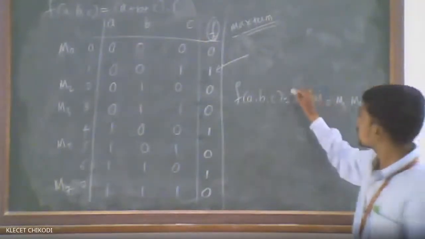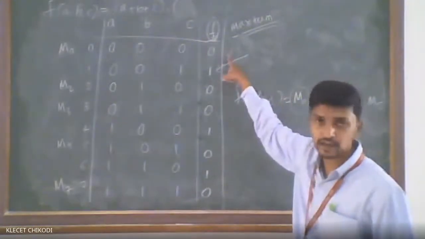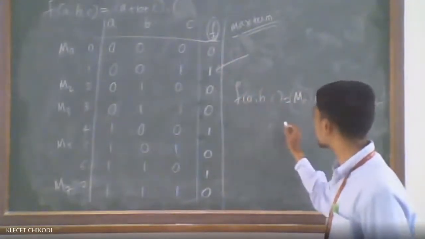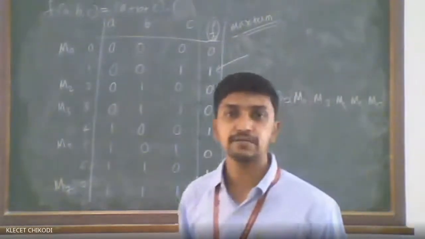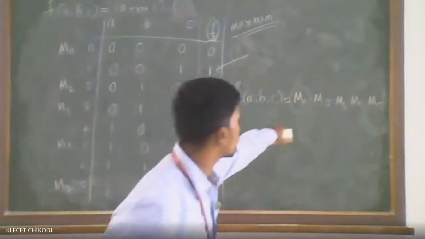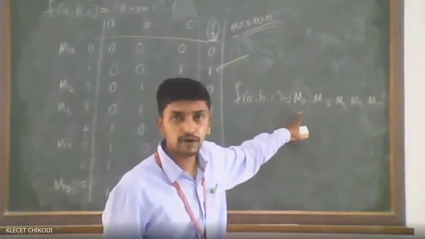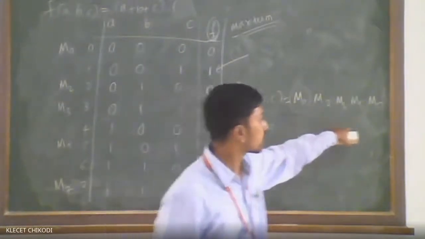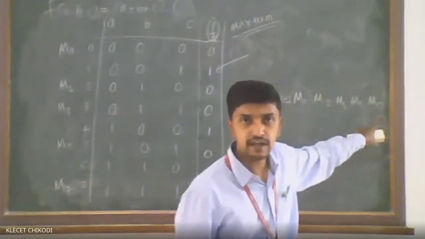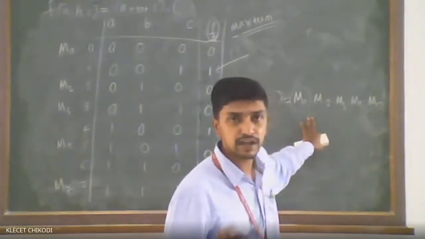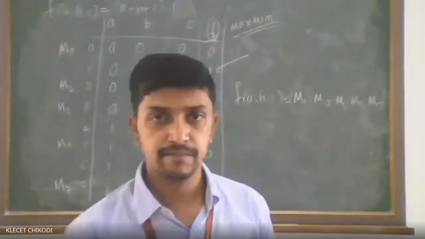Just write whatever the sum terms are there and write down the total Boolean expression. Is that clear? For M0 it will be a plus b plus c. Just write a plus b plus c instead of M0. For M7 it will be a bar plus b bar plus c bar. Like that. There you will get the total 5 max terms here. Fine.